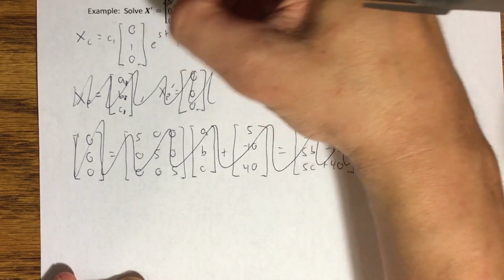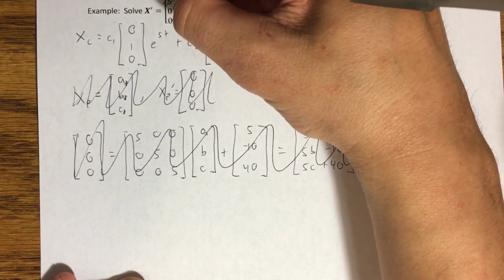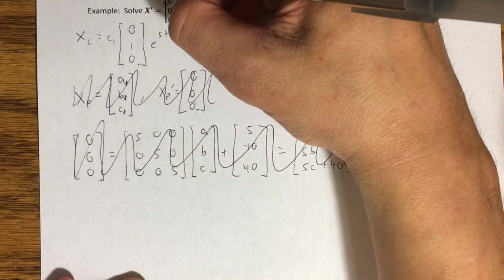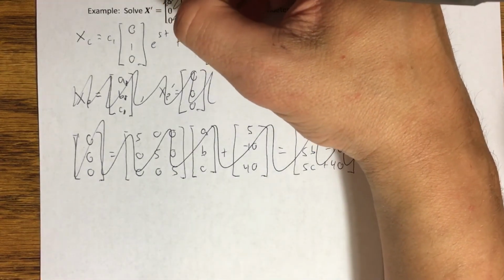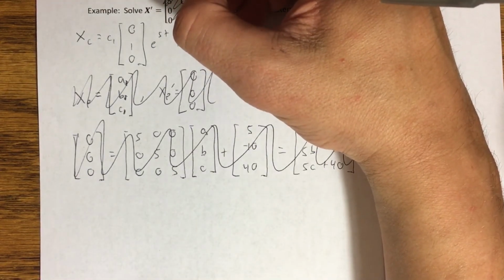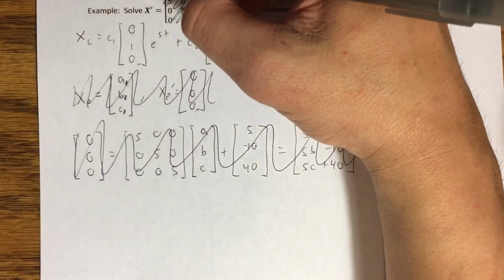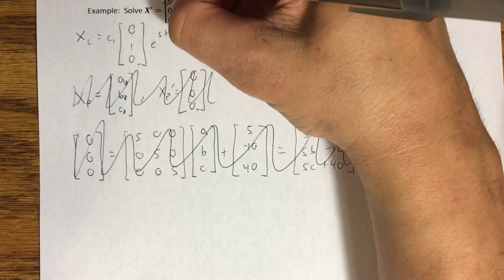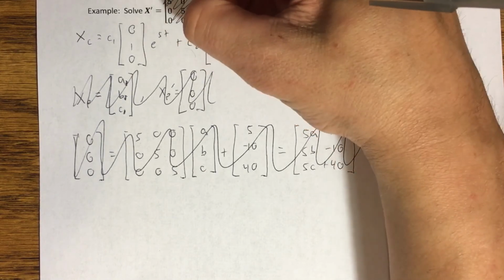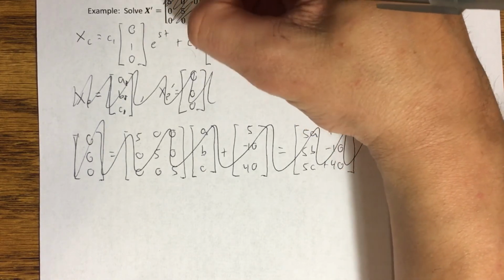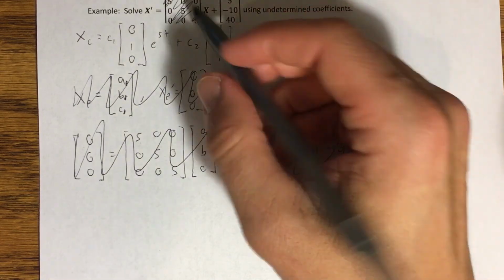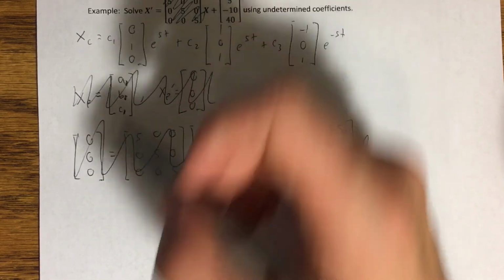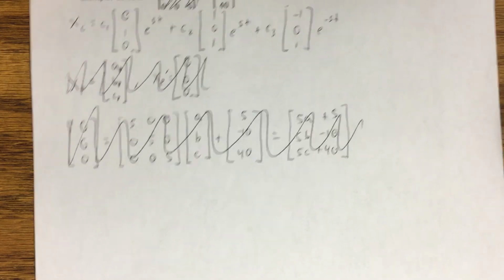This matrix was supposed to have 5s. Actually, let me just double check my work here. I want to make sure I'm not correcting something for no reason. Yeah, so I meant to do this as my matrix. Yes, that's correct. So I had the 5s on the wrong diagonal. They should be going this direction. So I'm going to fix this real quick.